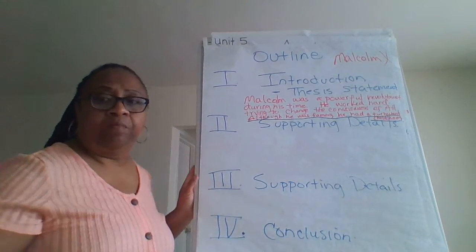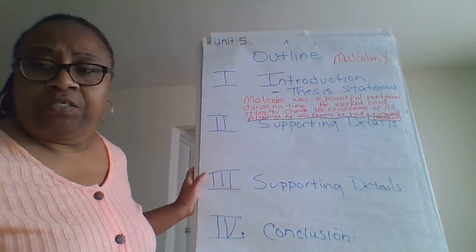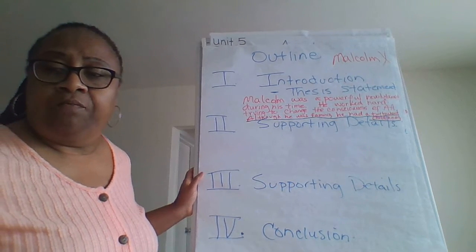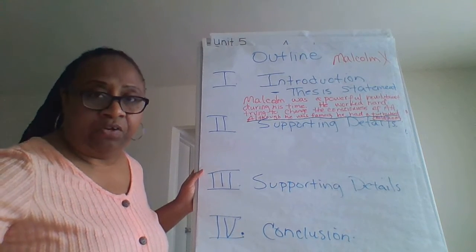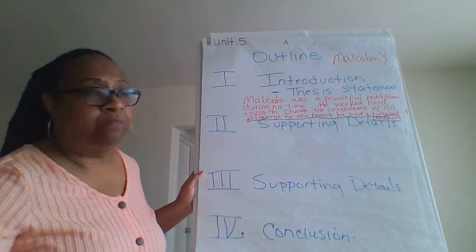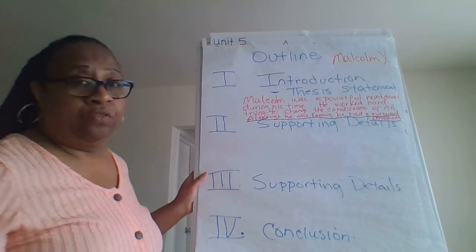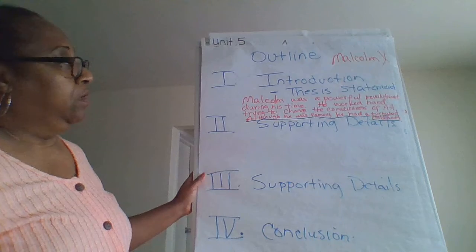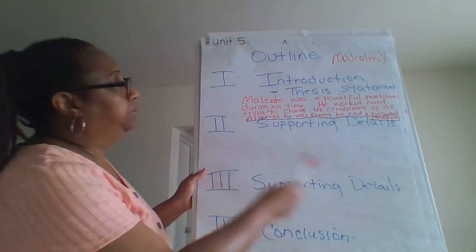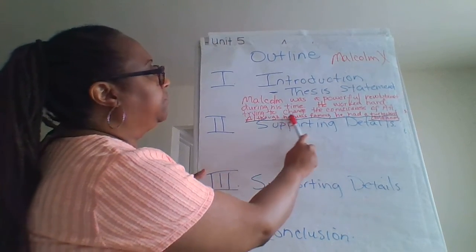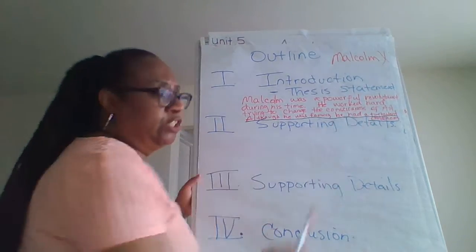Now, I see some vocabulary there that we probably need to discuss, because like I said, if you don't understand the vocabulary, you're not going to understand the writing or the reading. So let's first look at revolutionist.